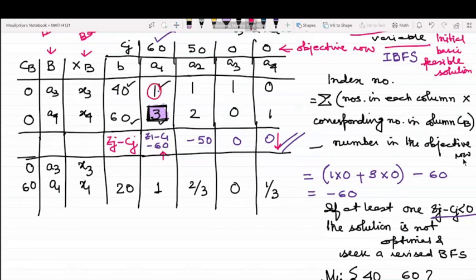The number 1 lying just above the element 3 is very important, because in the case of small b it was initially 40, minus this 1 multiplied by what we have right now, which is 20. So this number happens to be 20.